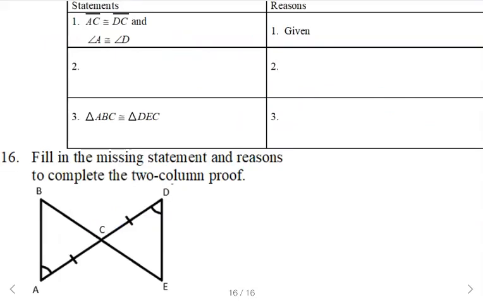Number 16, we're trying to complete a proof. We've got some given information. Notice these angles here. Those are congruent because vertical angles are congruent.